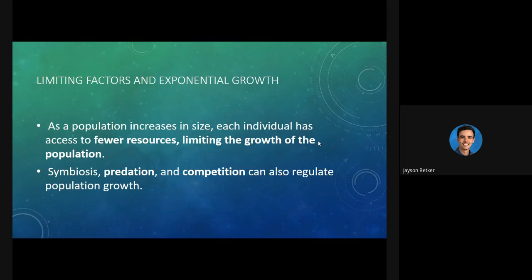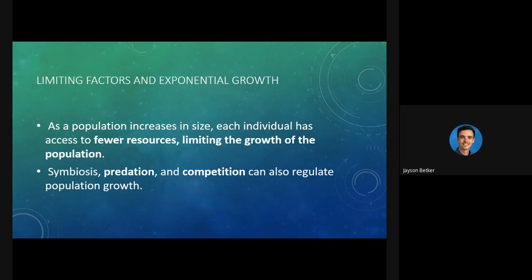As a population increases in size, each individual inside of that population is going to have access to fewer resources, which is going to limit the growth of the population. Think about all of the fish in a pond. There's only so many resources for each of those fish to eat. So if that population of fish increases in size exponentially, all of a sudden each of those fish are going to have access to fewer resources inside of that pond.